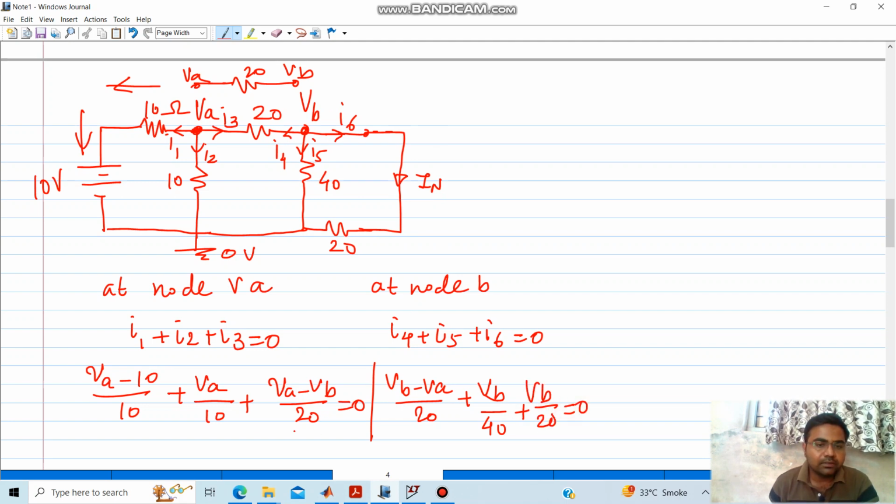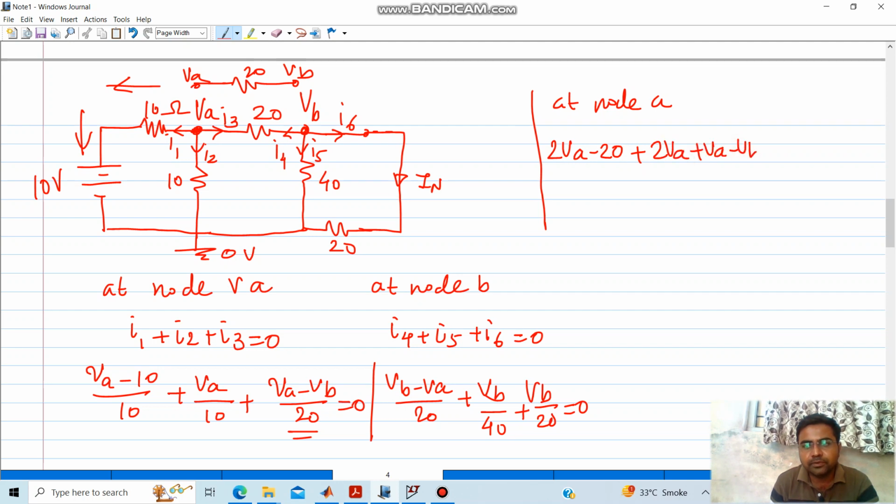So here, if you multiply and divide with 2, then at node A you can write like 2VA minus 20 plus 2VA plus VA minus VB is equal to 0. So what I have done is multiply and divide with 2.